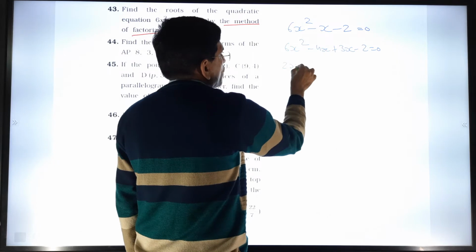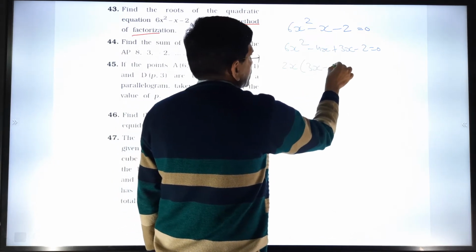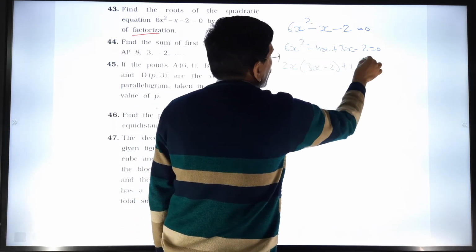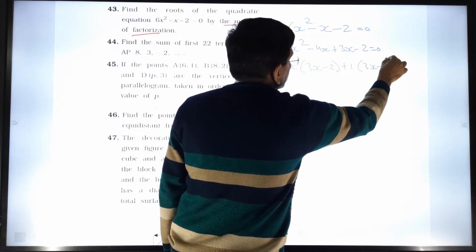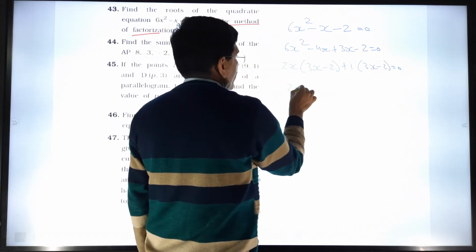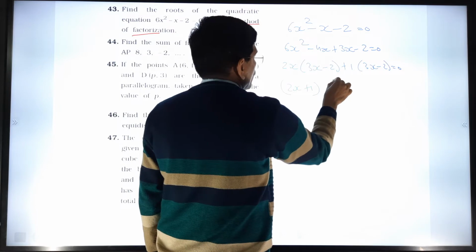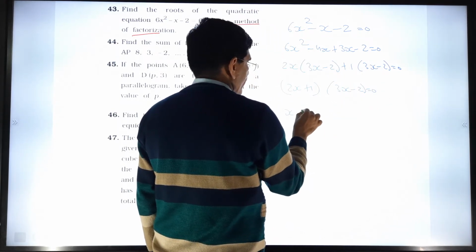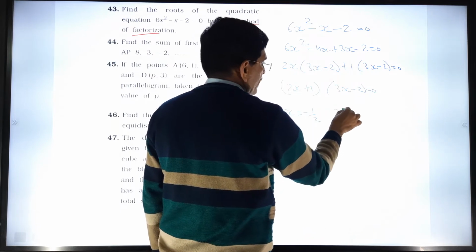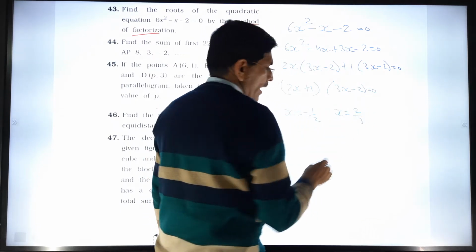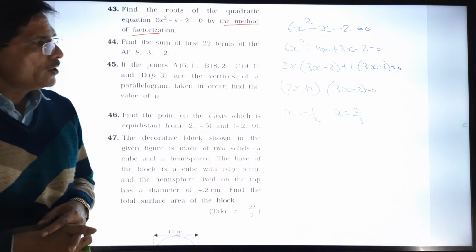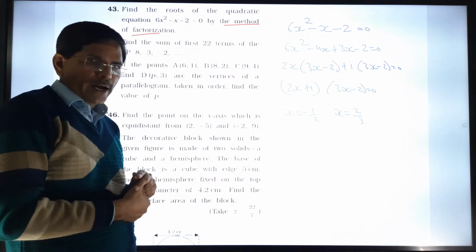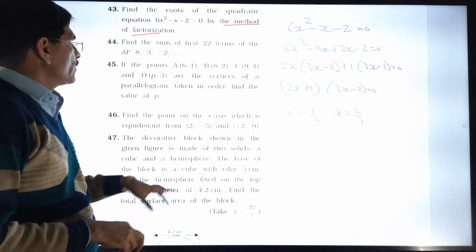So 2x common, then 3x minus 2, plus 1 common, 3x minus 2. So 2x plus 1 is equal to 0 and 3x minus 2 is equal to 0. So I can write x is equal to minus 1 by 2, x is equal to 2 by 3. These are called the zeros, minus 1 by 2 and 2 by 3. It is easy, we have not wasted our time.